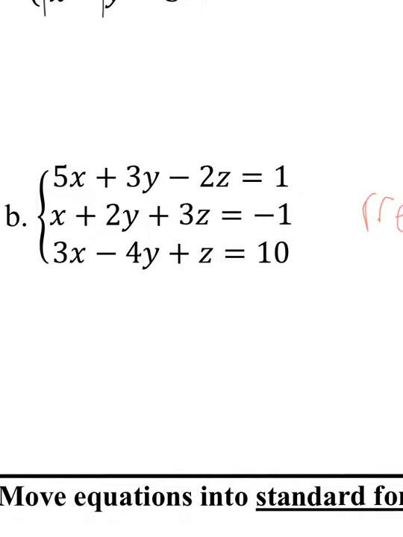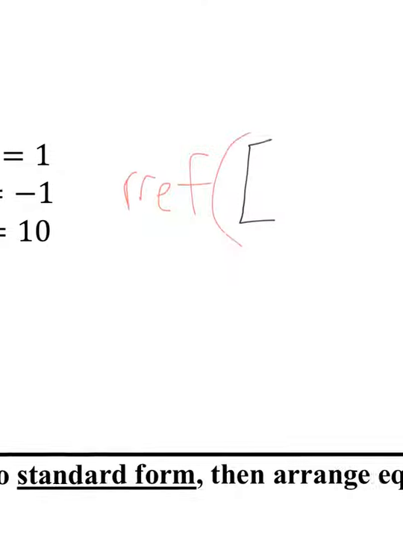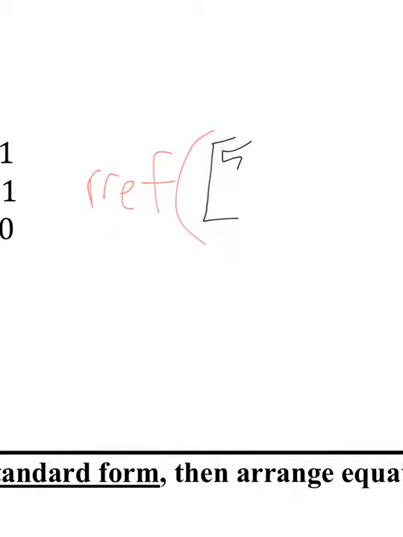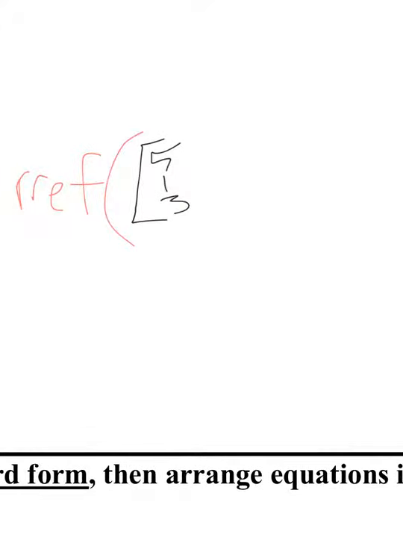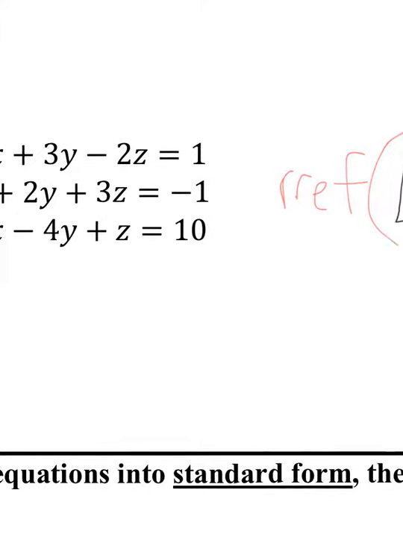So in our x column, we're going to have a 5, a 1, and a 3. So I'll just write that: 5, 1, 3. All right, and then my y column, I have 3, 2, negative 4. And then in my z column, negative 2, 3, and then a 1.